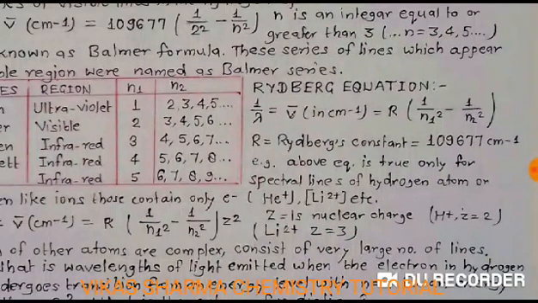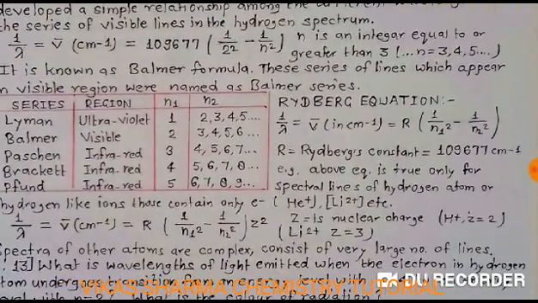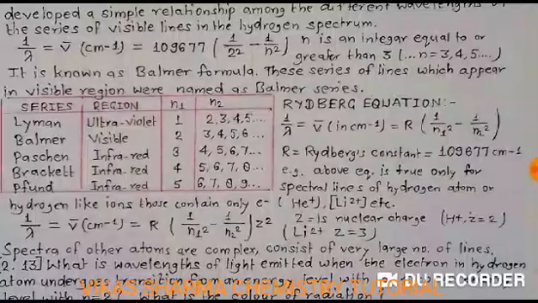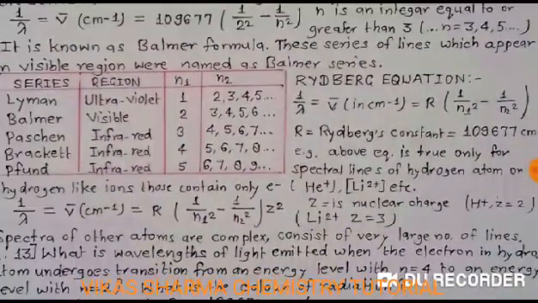The above equation is true only for spectral lines of hydrogen atom or hydrogen-like ions, those containing only one electron, for example helium or lithium ions. So these are the equations you have seen. Z is nuclear charge. For a hydrogen-like ion such as helium or lithium, we can put the value of Z.